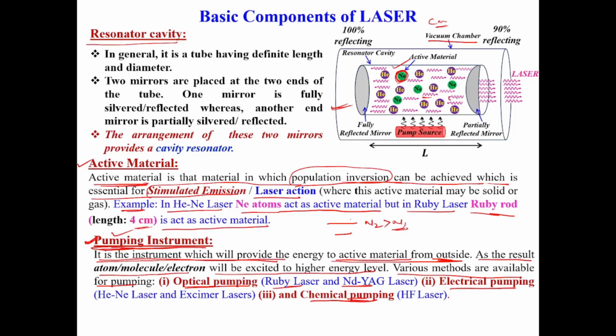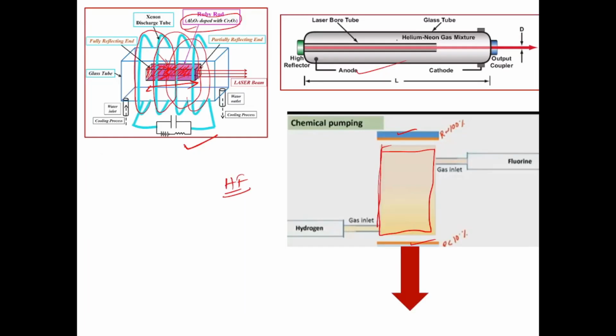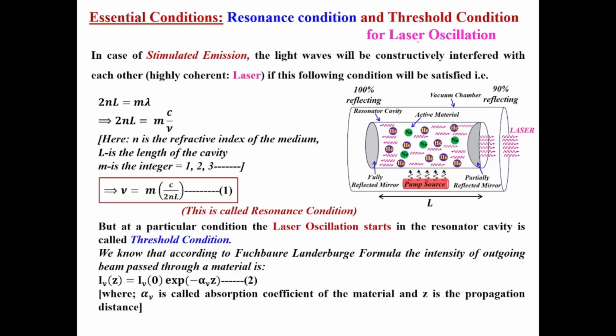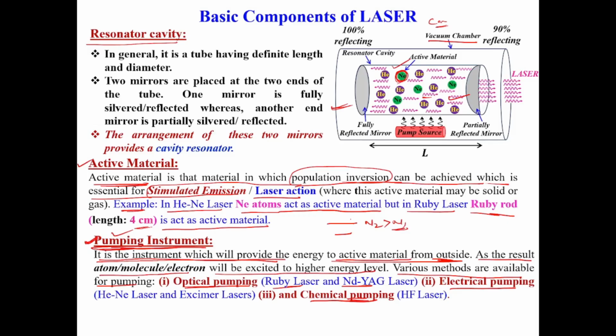In the helium neon laser system, here you can see anode and cathode. An electrical source or battery is connected externally to this system, and electrically the active material is activated. Electrical pumping is basically found in helium neon and excimer lasers.